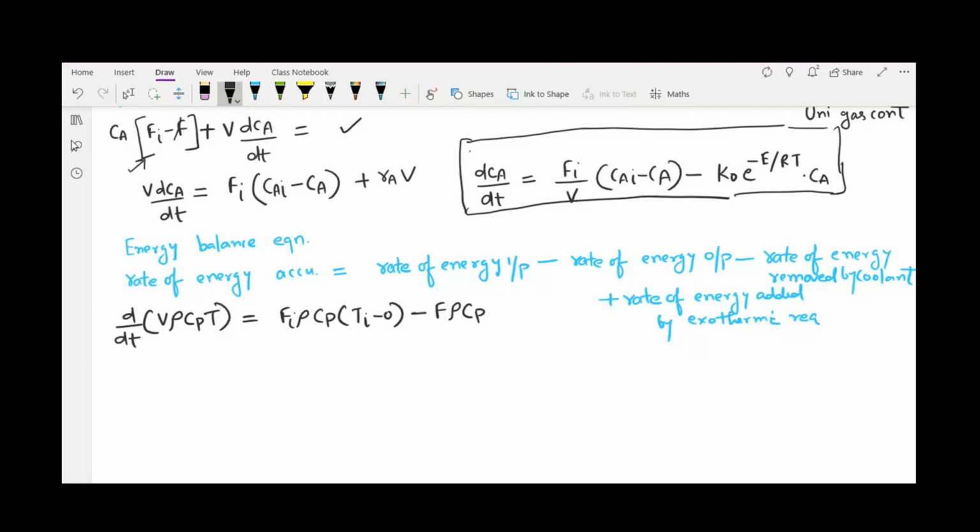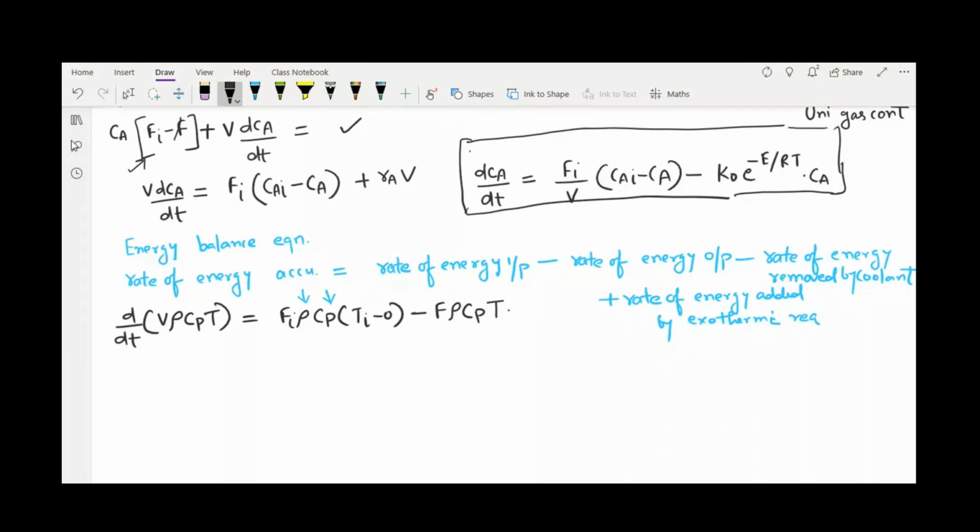Heat capacity and density are constant, as we have already considered, so that is why we write rho and Cp at both the outlet and the inlet. So F rho Cp T is the rate of energy output.